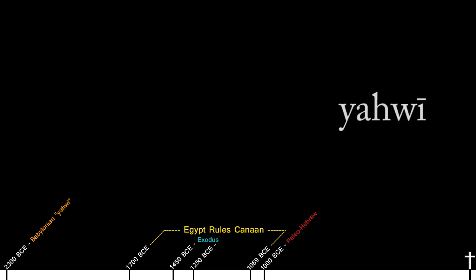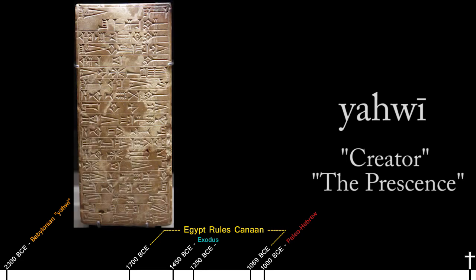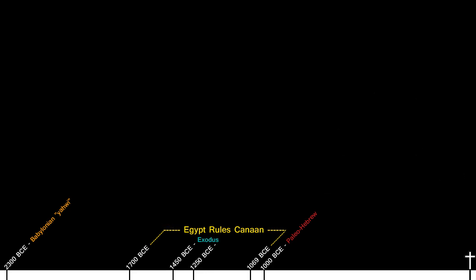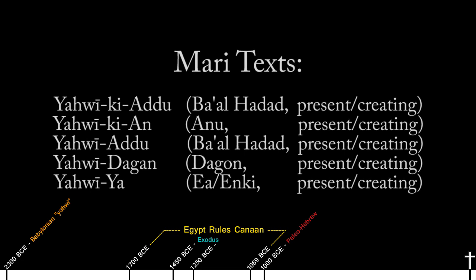Using this verb as a noun would essentially mean creator and the presence, which is how this Babylonian loanword is used in the Bible. Of note are names in Mesopotamia, particularly from the Mari texts of ancient Syria dating to 1800 BC, where the title Yahweh is sometimes attached to the names of other gods, kind of like a surname.